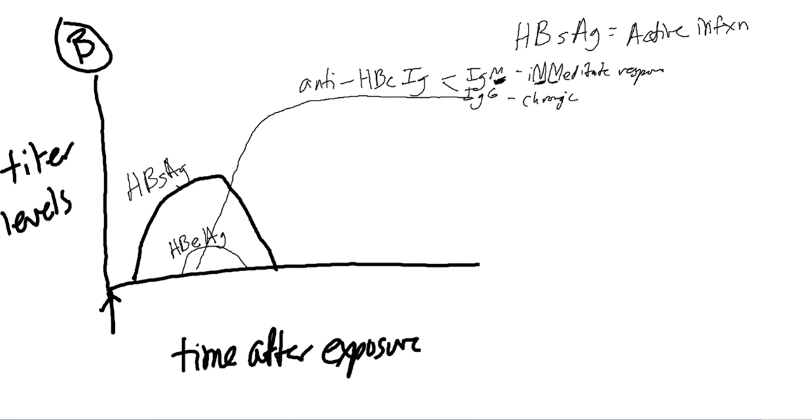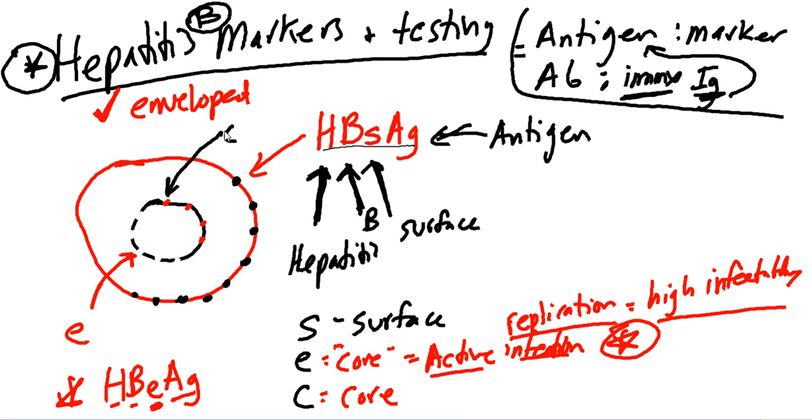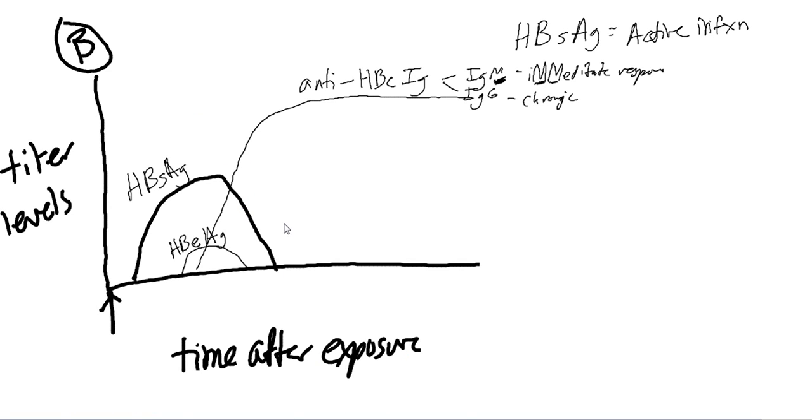Okay, so we have the C, which is going to stand for core antigen. You're going to have the surface antigen, and you're going to have the E for active replication antigen. Those are our three different types. So HBS antigen is going to be our active infection.